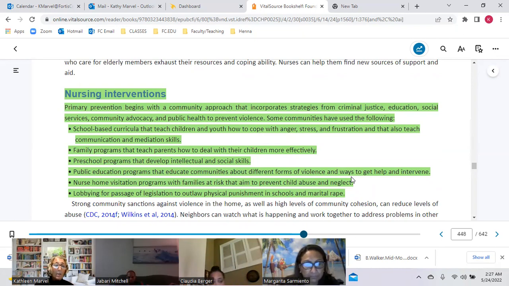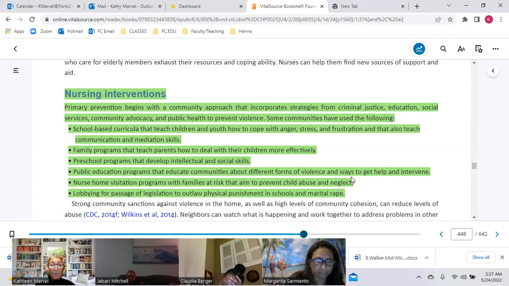Okay, so here are 6 strategies that communities have used. Sure, there's many more, but these are the 6 that we identify. And these are excellent, so be familiar with these because these are important primary prevention measures. And they're done as a group effort with the whole community, right?